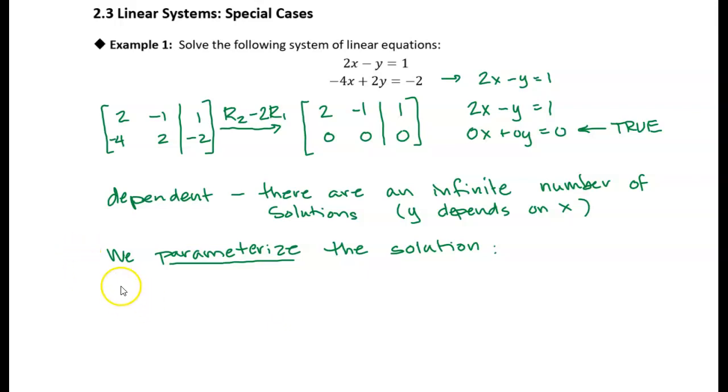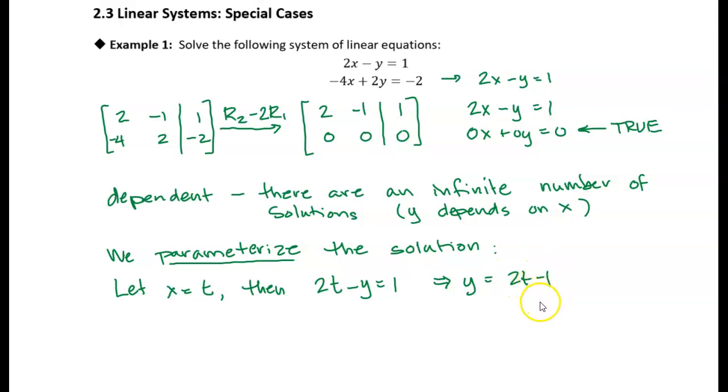So what we can do is we could just say we'll let x equal t. t is a very common parameter to use, and so then we know that 2t, replacing x by t, minus y equals 1, and so we can rearrange this to find out that y is equal to 2t minus 1.